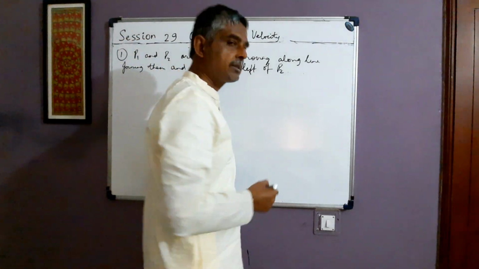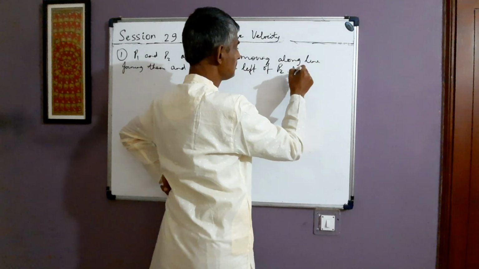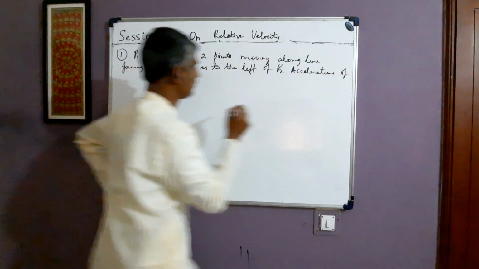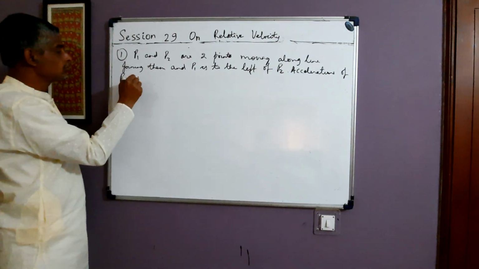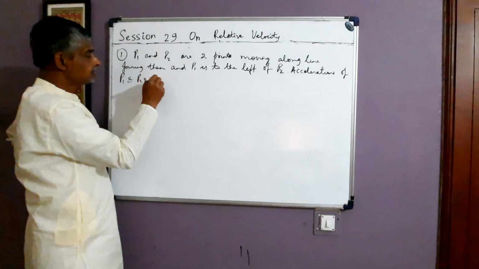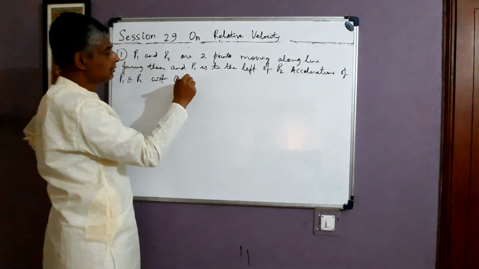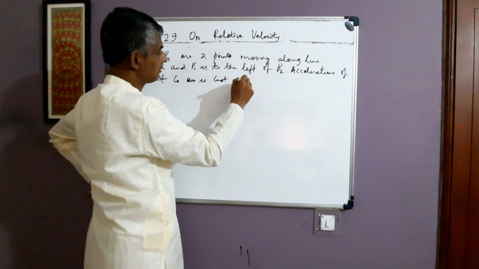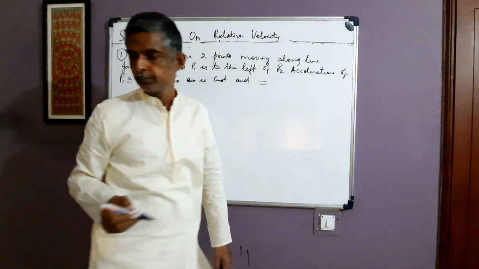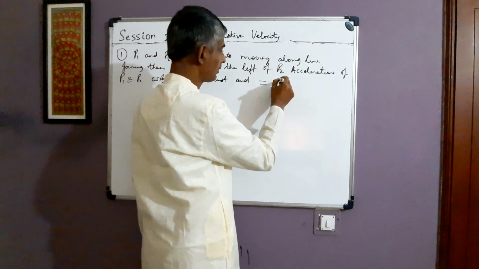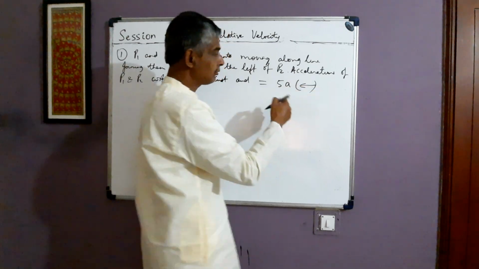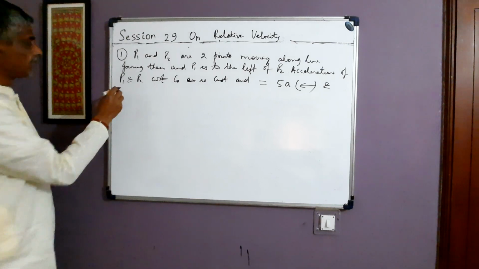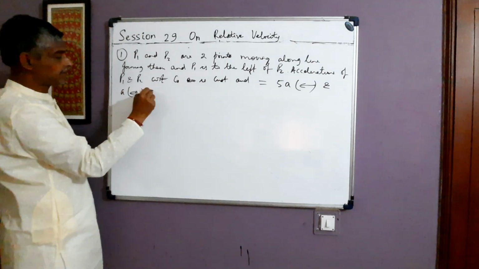Accelerations of P1 and P2 with respect to ground, G meaning ground, are constant and equal to 5A leftward and A leftward respectively.